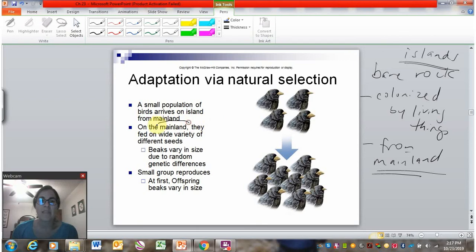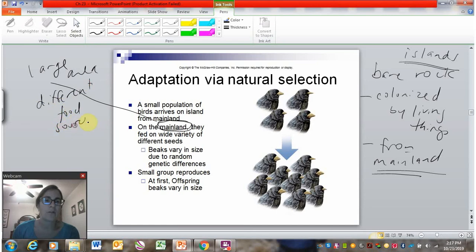On the mainland, okay, so thinking about the mainland first, the mainland is a very large area, and there's a lot of different food sources. So back on the mainland, your birds have a lot of variation.